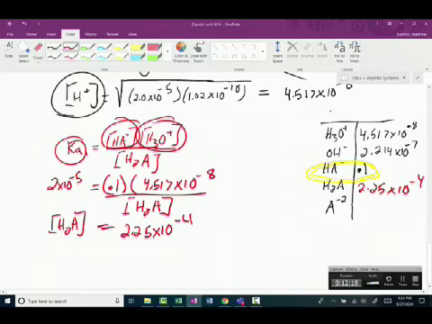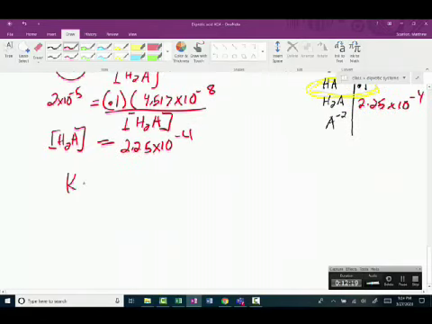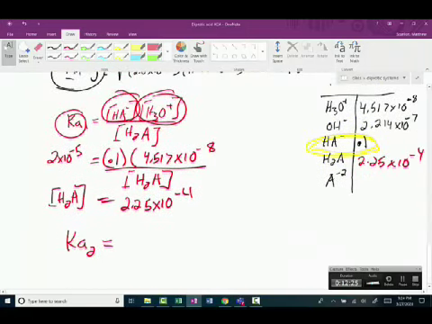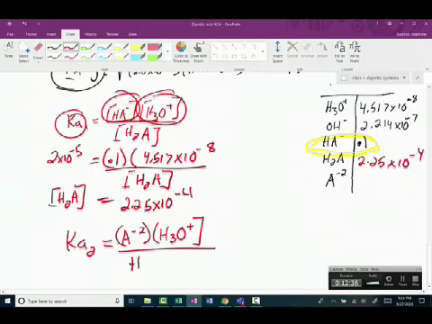And I can do the same thing for Ka2. Ka2 is equal to the concentration of A minus 2 times the concentration of H3O plus divided by HA minus.